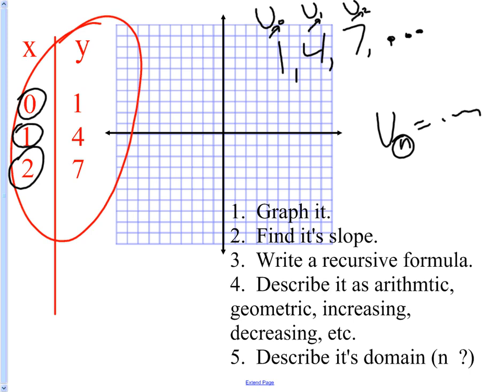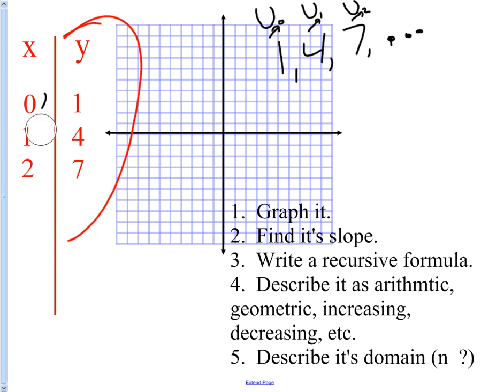So the moral of the story is that x's are really the n's, the little number that's a sub number underneath the u. And the y's are really the answers to that, which are really what? The outputs, yes, and they're the u sub n's. When you actually figure out a u sub n, it becomes a number. So the x's are the n's and the y's are the u sub n's.